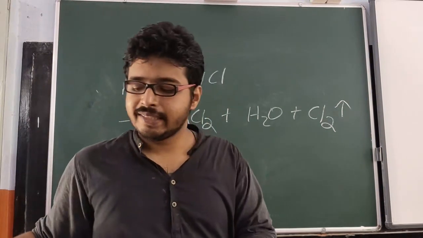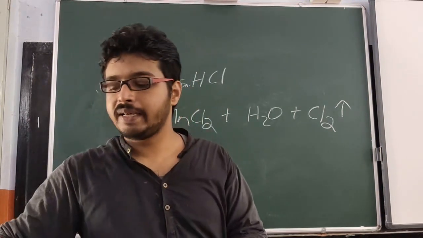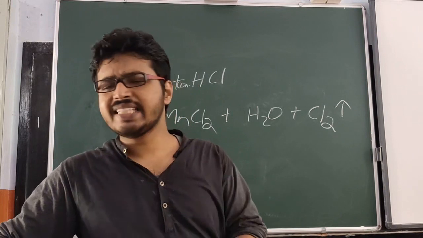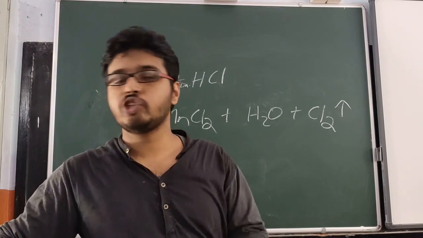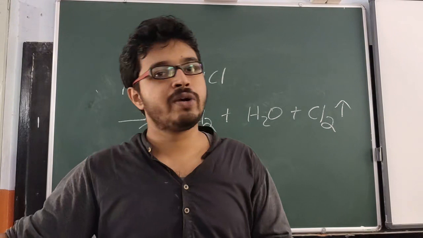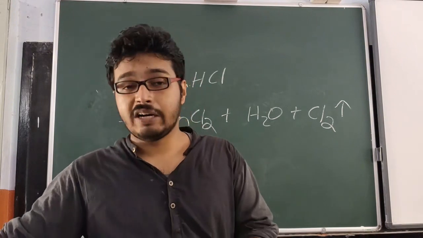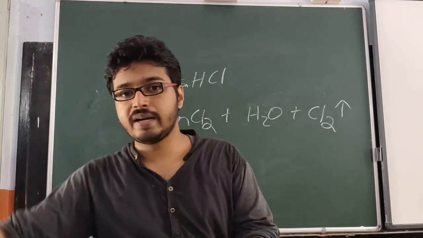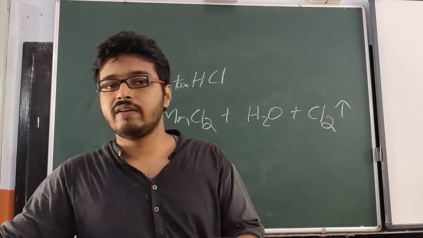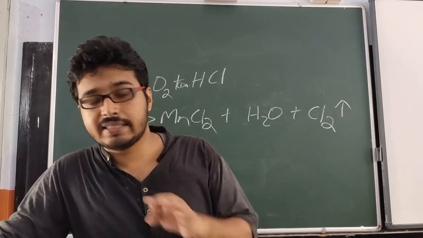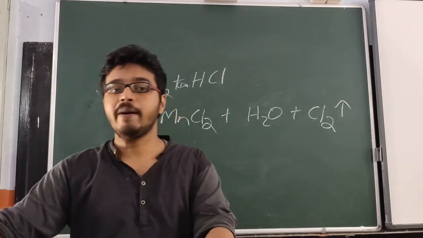The next chapter that we will be discussing is not actually a new chapter, it is the continuation of the study of compounds, but instead we are going for the second part, that is ammonia. The first part was HCl, the second part is ammonia.